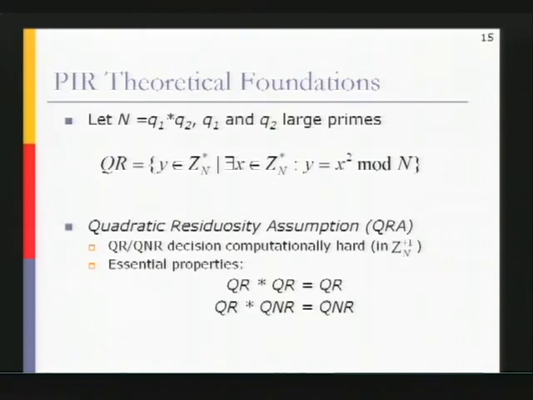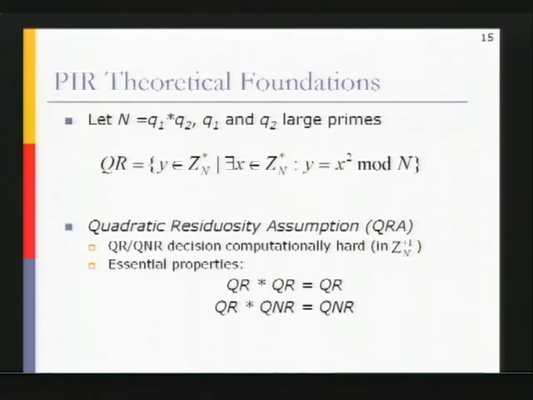All we need to know is that there are two essential properties. If we multiply two QR numbers, we obtain a QR. So a QR times a QR is a QR. A QR multiplied with a QNR is a QNR. This is what we need to know for the protocol. What about if we multiply a QNR with a QNR? What happens? What are we going to get?